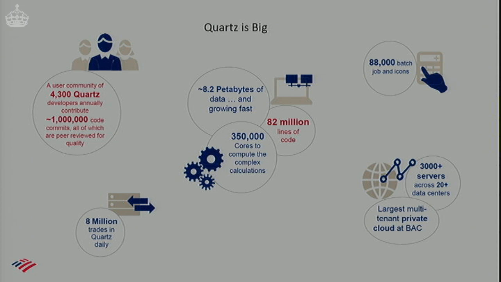I highlighted in red the stats about the size of the code base and the velocity of change in it, because that is kind of what relates to code maintenance, right? We have over 80 million lines of code. We have 4,000 developers making about 1 million commits per annum. That means a few thousand code changes every day. So we need to manage that.